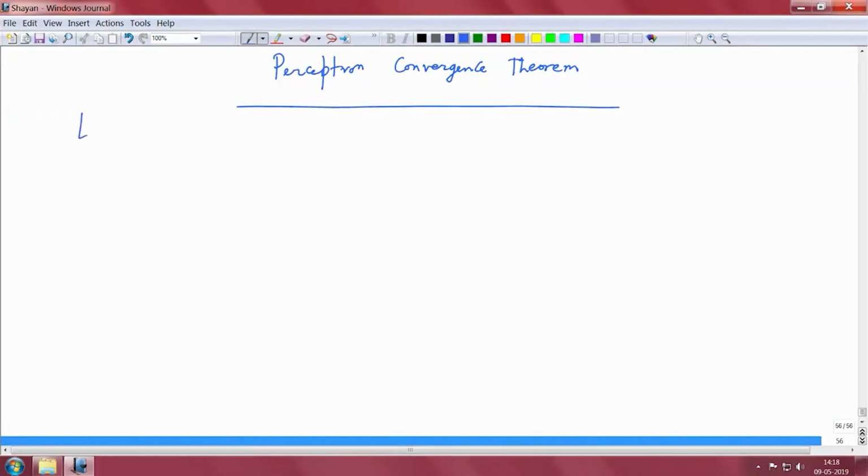Now, let us fix the initial condition. Let us start with the initial condition that weight at time step 0 is 0. I mean, this is an all 0 vector.